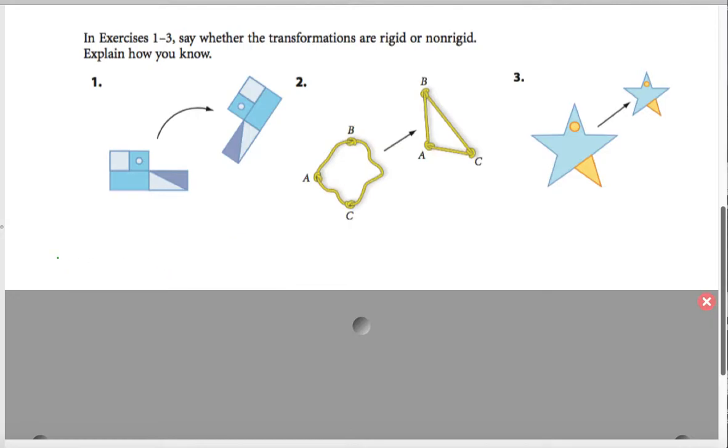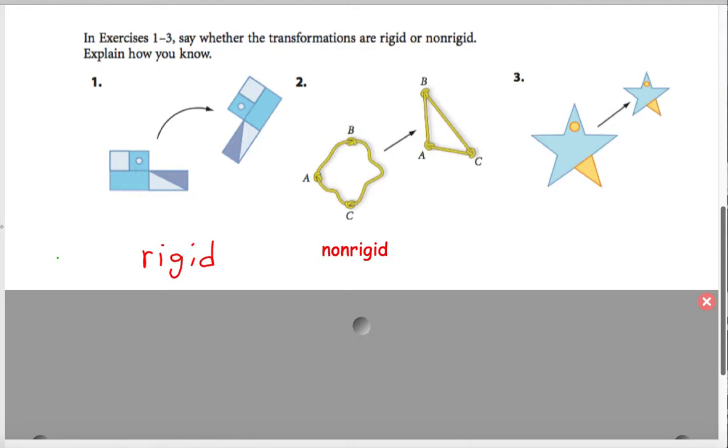Apparently I don't. This is called a rigid transformation. And then you look at number 2. Now obviously that is changing shape. So that rope has been pulled, and so now it's formed into a triangle, but originally it was not a triangle. So that's a non-rigid transformation.